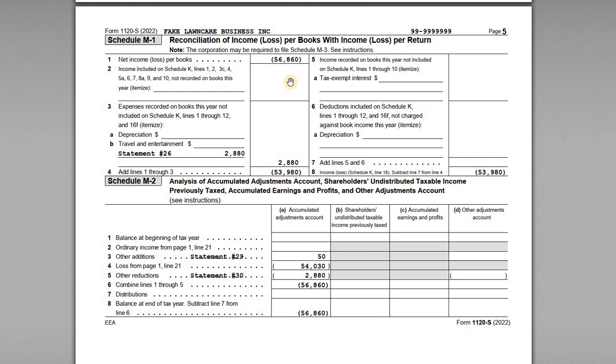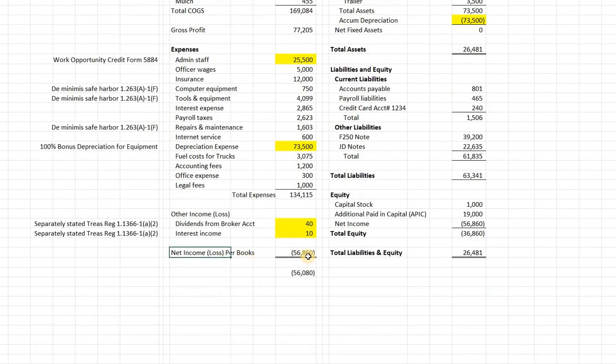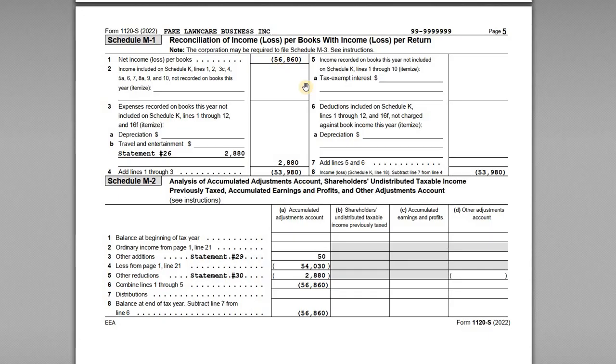So the M-1 is a reconciliation of our loss per books to the loss per return. So our net income or loss per books is 56,860. This should reconcile with the financial statements that we have for the company. So our net income or loss per books down here is 56,860. So that number looks good. That agrees with what we have on the tax return.